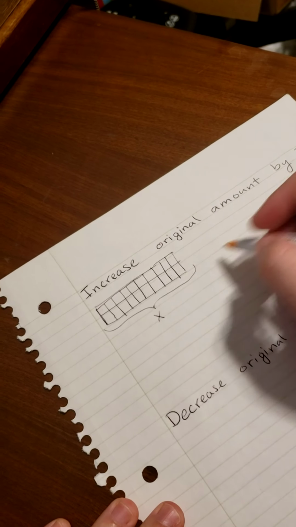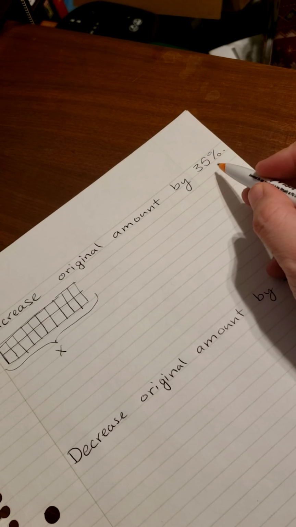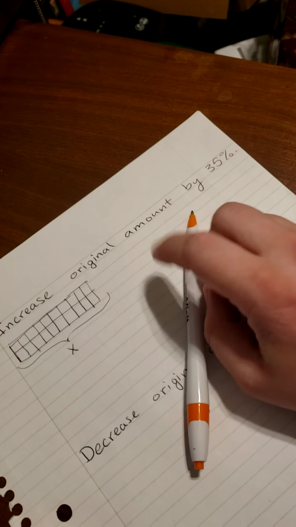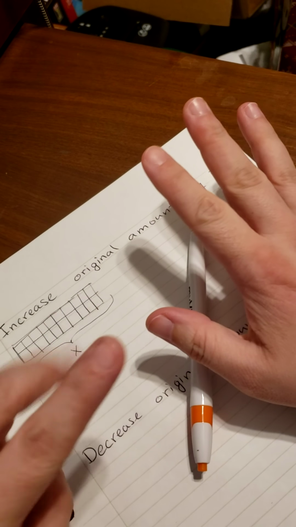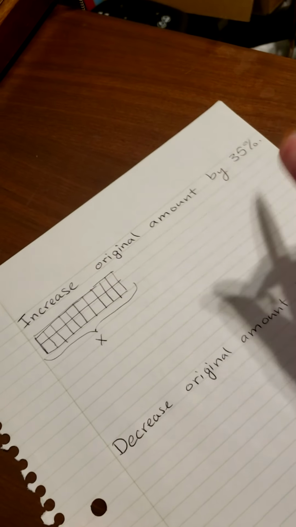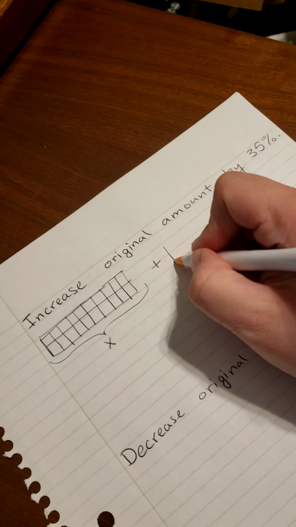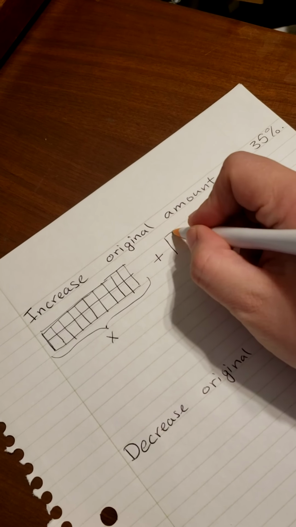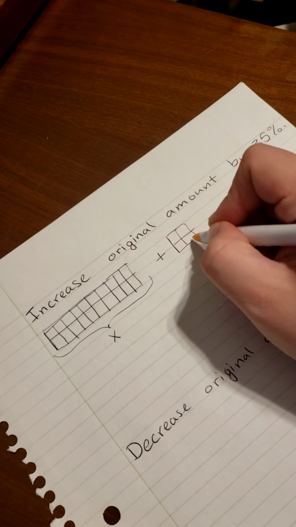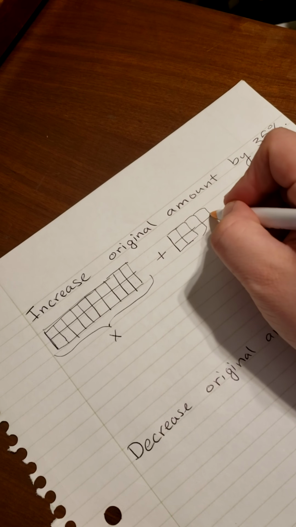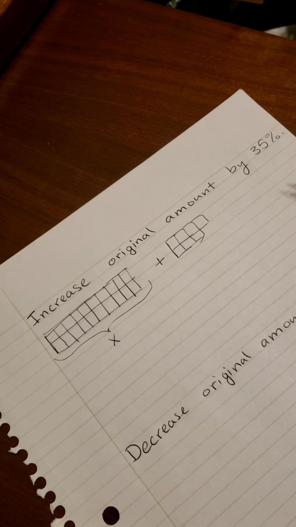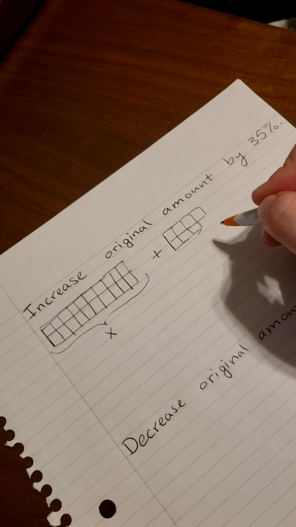And so when you're increasing by 35%, that's 5, 10, 15, 20, 25, 30, 35, that's 7 chunks. You're going to be increasing by that much.